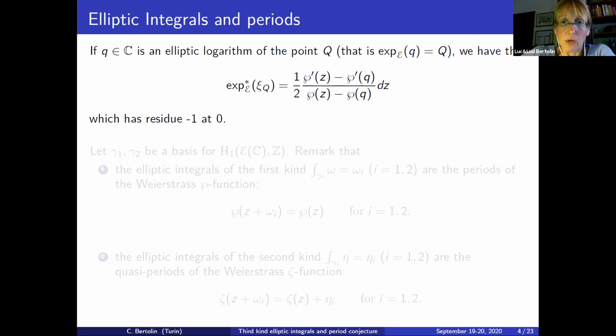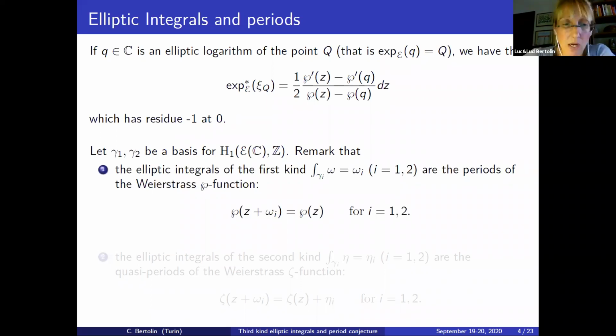Now we want to make the link with periods. So I take γ1, γ2 a basis of the lattice. It has rank 2, I recall. And we have a very classical result: the elliptic integrals of the first kind, the integral of omega along γ_i, are the periods of the Weierstrass ℘ function.